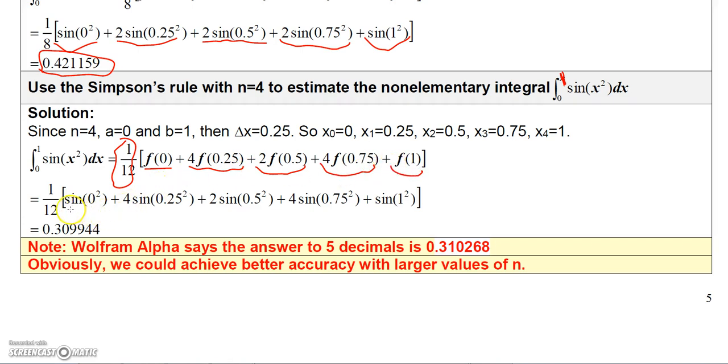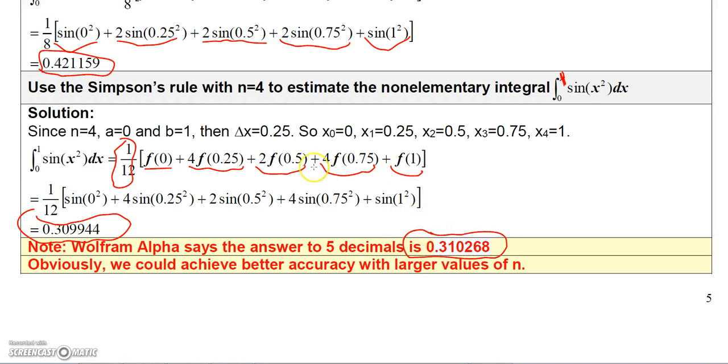So that's sine of 0 squared plus 4 times sine of 0.25 squared plus 2 times sine of 0.5 squared plus 4 times sine of 0.75 squared plus sine of 1 squared. When I added these up and multiplied by a 12th, I got roughly 0.309944.